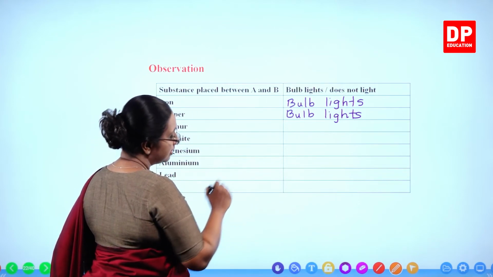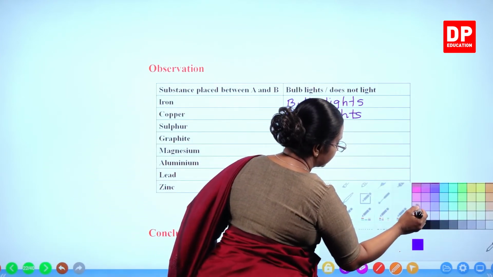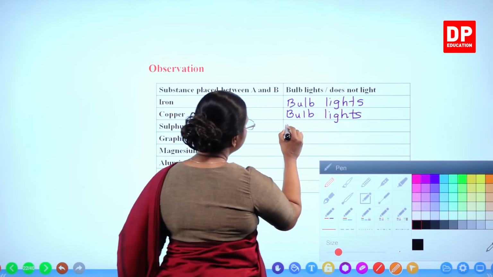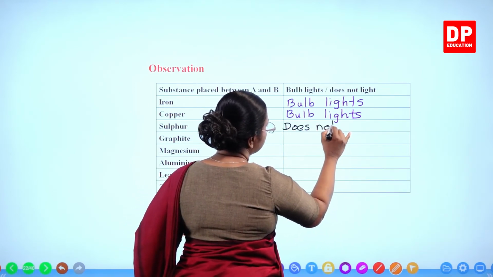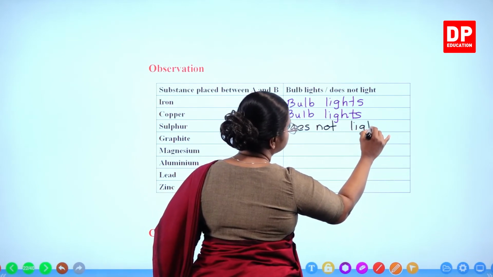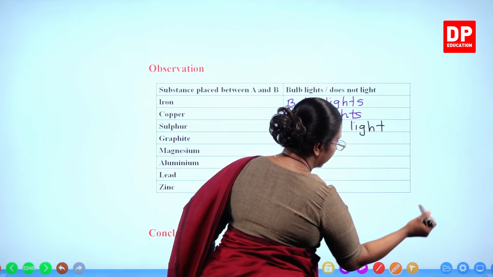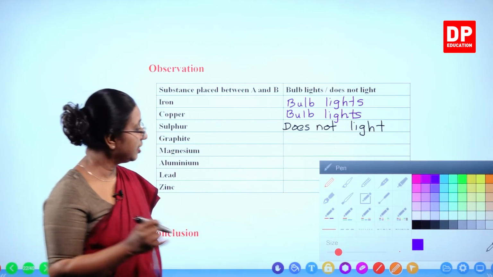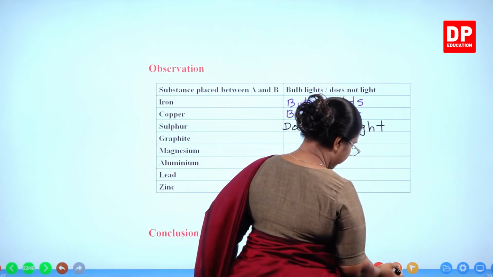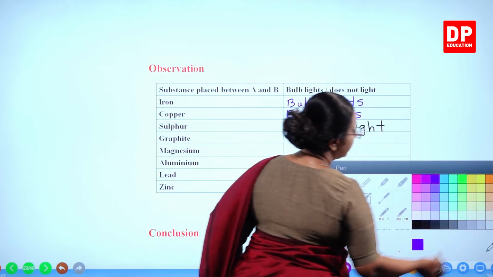Then sulfur, bulb does not light. I'll use a different color. We'll say does not light. Then again, graphite. Graphite you all know is an exception.